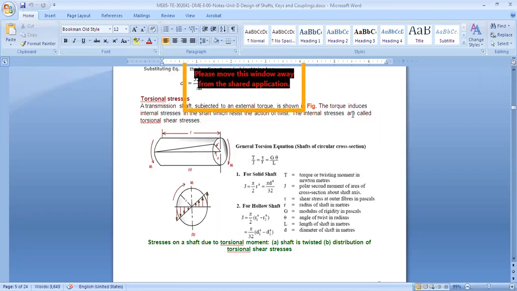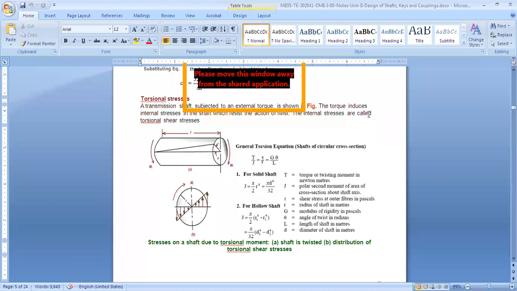Today we'll see what torsional rigidity and lateral rigidity are. As the name suggests, torsional rigidity means it will not fail because of torsion, and lateral rigidity means it will not fail laterally.